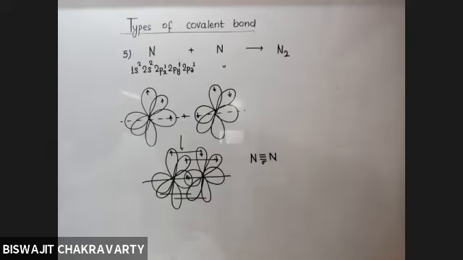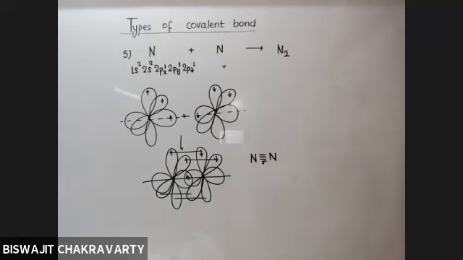So what type of bond is stronger? Is it sigma bond or pi bond? Sigma. Why do you think sigma bond is stronger? Area of overlapping is more. Sigma bond has a single electron cloud and pi bond has two electron clouds.